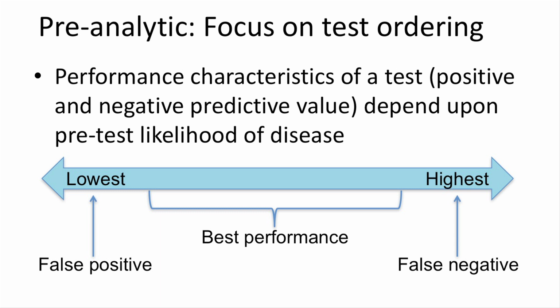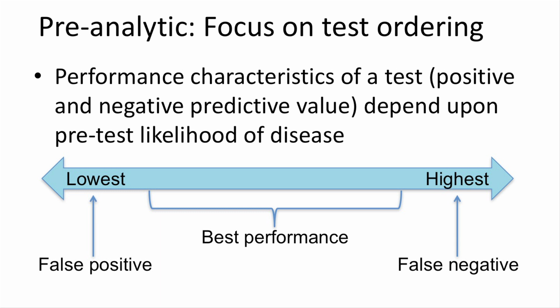And so as you know, if you have a patient who's been bitten by a tick, has a classic ECM rash, has a huge high pre-test likelihood of disease, if you get a negative test, you're probably going to consider it a false negative test, and it probably is a false negative test. Conversely, if you get a test in someone who has virtually no pre-test likelihood of disease, a positive test is far more likely to be falsely positive than truly positive.